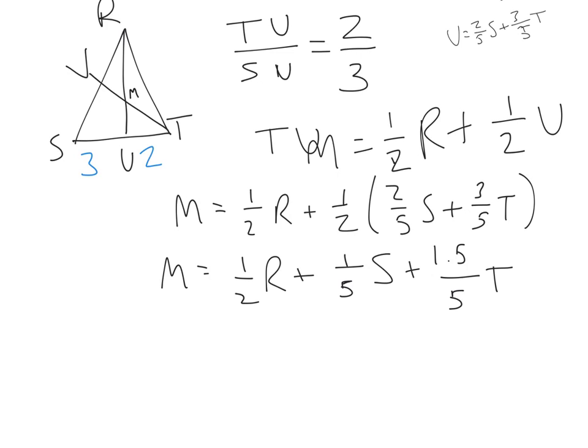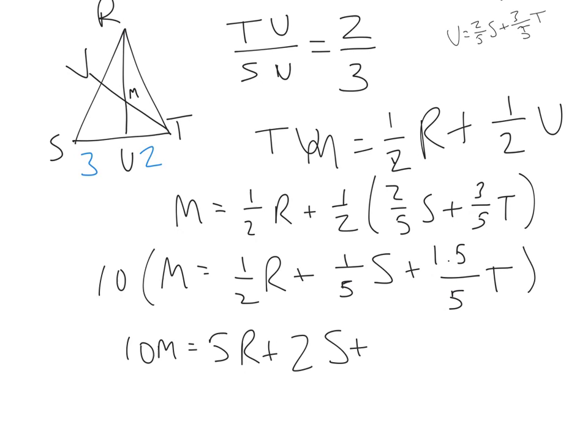So we can say then that if we multiply everything by 10, maybe? Sure. Let's multiply everything by 10. Then we know that 10M is equal to 5R plus 2S plus 3T.